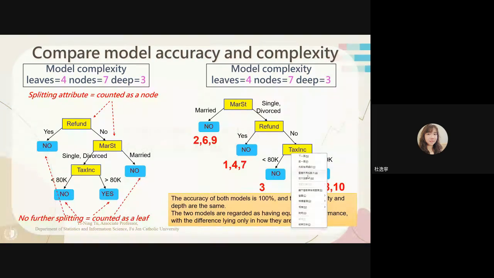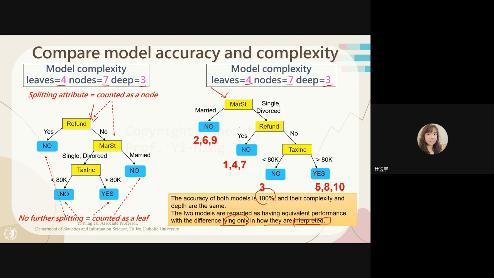This is, first, I ask you whether you refunded from our bank. This one, I will first ask whether you are married. These are different first questions, right? So these two trees perform 100% and the complexity is 4 leaves, 7 nodes, depth 3.